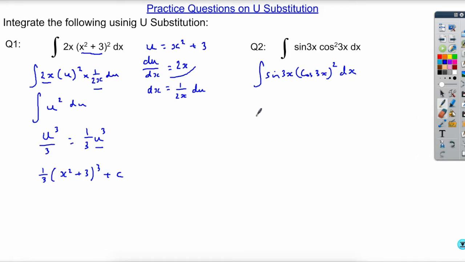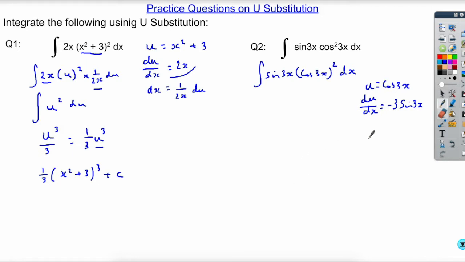This makes it easier to make my substitution. So I'm going to have my substitution as u equal to cos 3x. If I now differentiate this part to get du dx, cos 3x differentiated gives me minus 3 sin 3x. That's just using the chain rule.